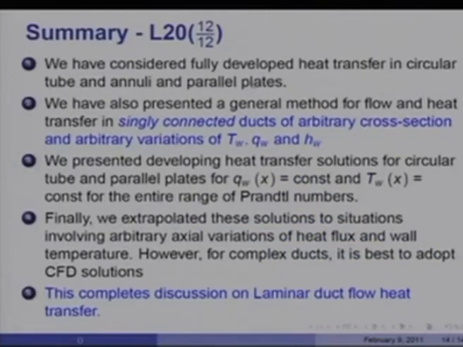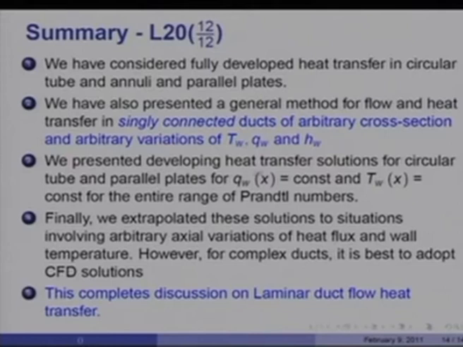So, in summary, I would say we have considered fully developed heat transfer in circular tube and annuli and parallel plates. We have also presented general method for flow and heat transfer in singly connected ducts of arbitrary cross section and arbitrary variation of TW, QW and HW.